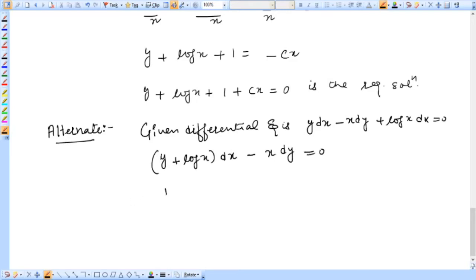Here M is equal to y plus log x and N is equal to minus x.